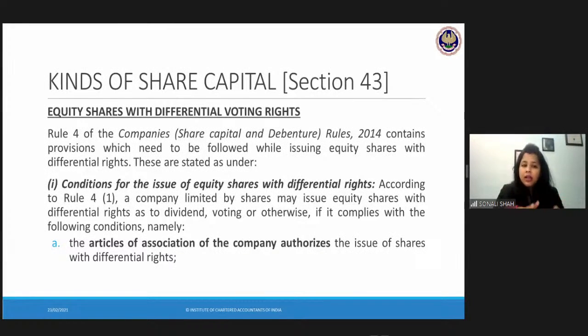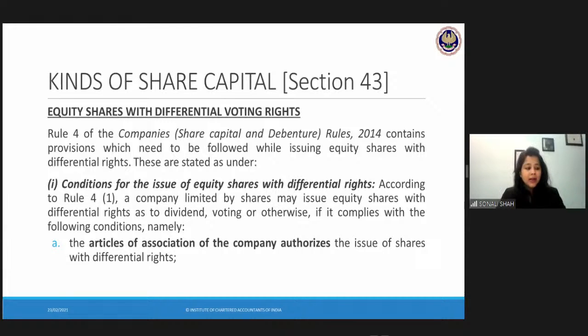Now, speaking about the equity share with differential voting rights, which we also call the DVR. You often get to see the word DVR. This concept of equity voting rights with DVRs was only introduced in the later half of the Companies Act 1956. It was somewhere in 2000 when these DVR rights were introduced in the Companies Act of 1956, in section 86. But later on, it became a part of the Companies Act 2013 also.